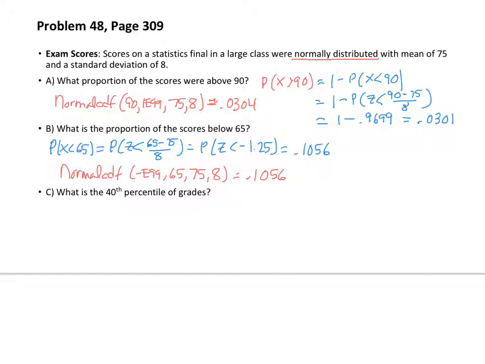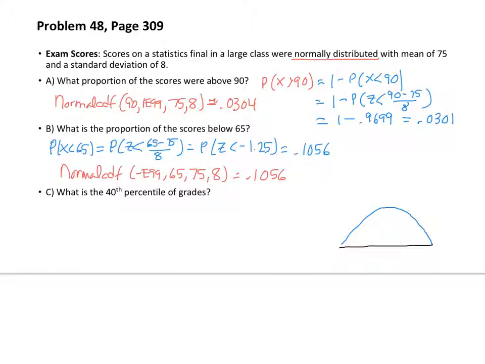Now, the next question is kind of interesting because what we're actually asking for is a value of x such that the probability under x is 40%.